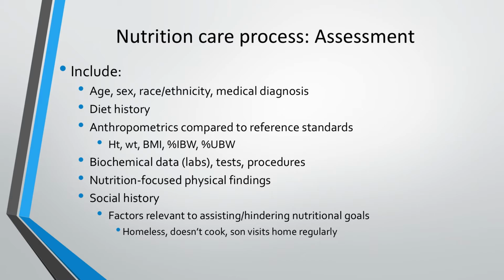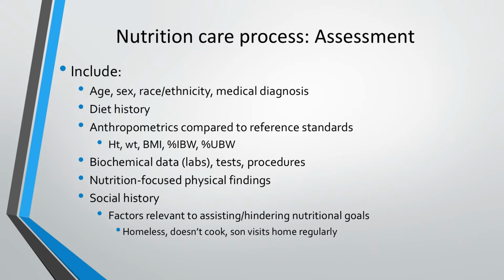If you can get some sort of diet history from the patient or from their caregivers, that would go in the assessment box. Anthropometrics, and again, comparing them to reference standards. Every patient should get a height and weight when they're first admitted.